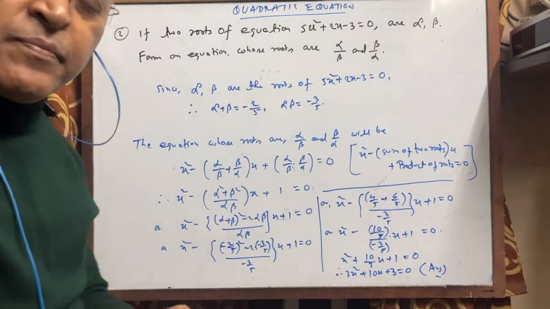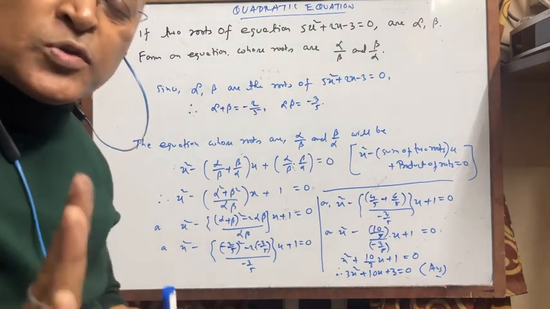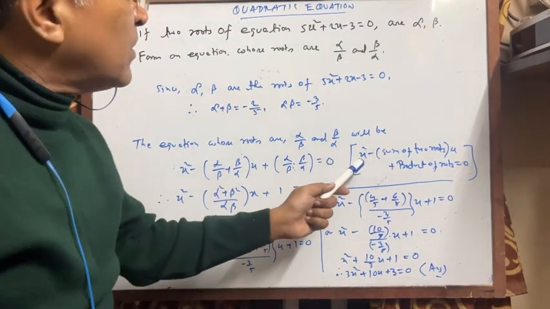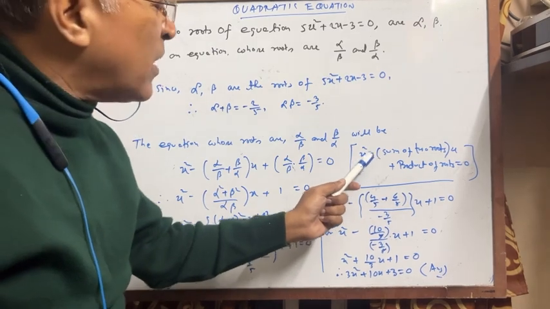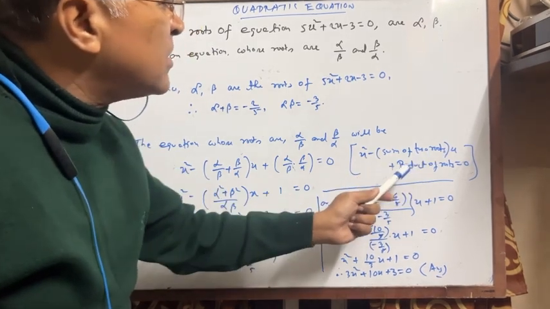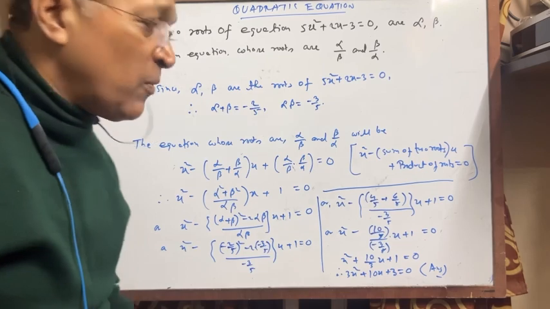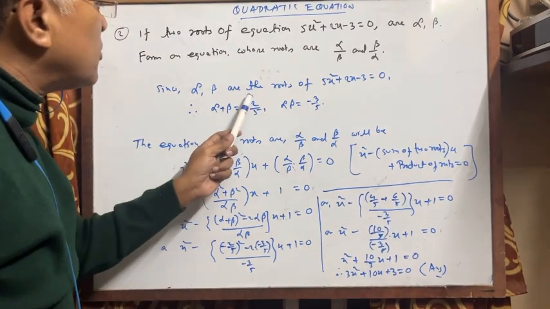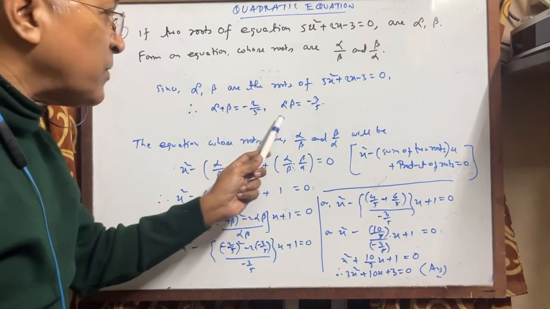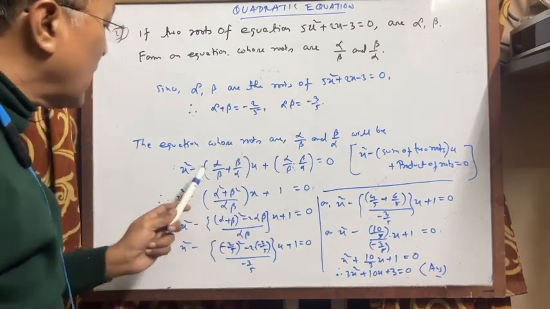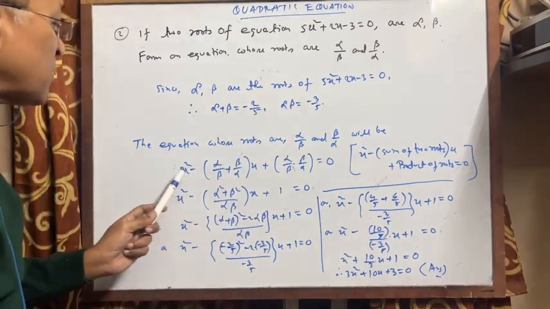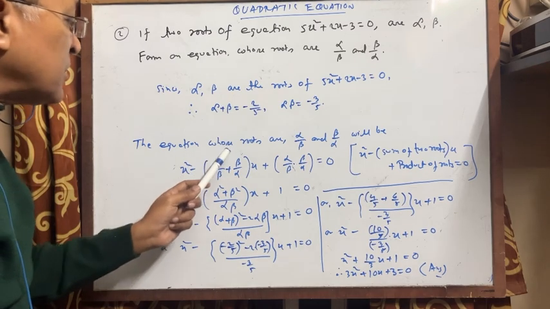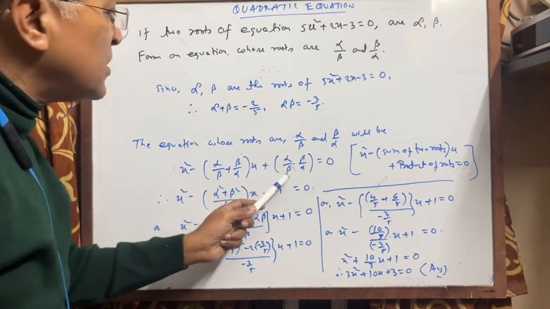It means when two roots are given, the equation will be x square minus sum of two roots into x plus product of roots is equal to 0. It means already we got alpha plus beta is equal to minus 2 by 5 and alpha beta is minus 3 by 5. Now the equation becomes x square minus alpha by beta plus beta by alpha into x plus their product.